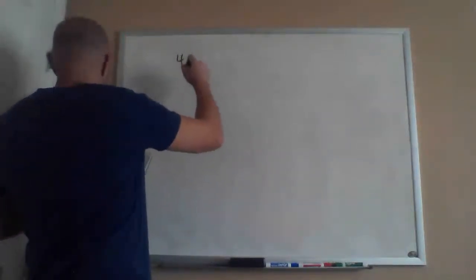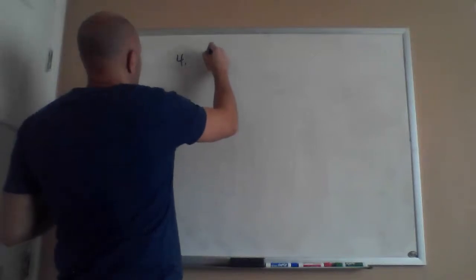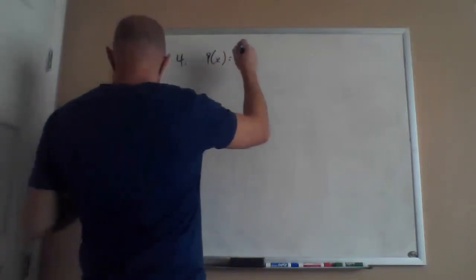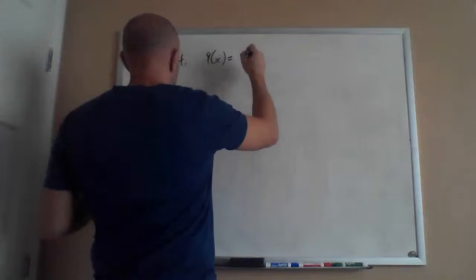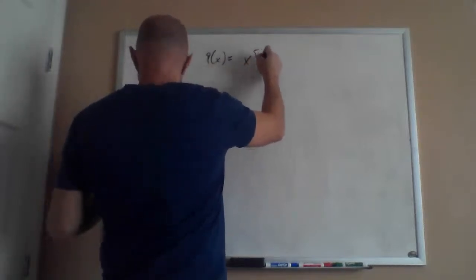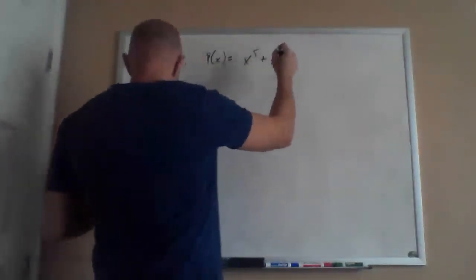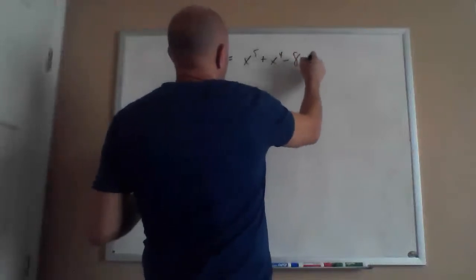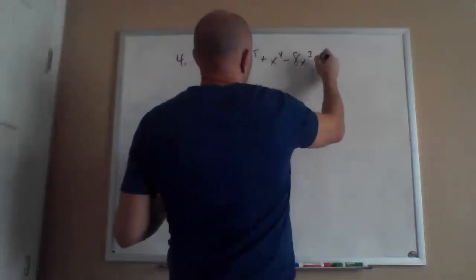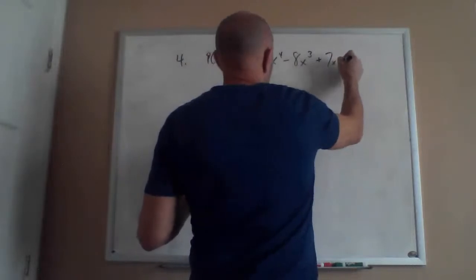All right, so number 4. I'll have you guys do this one. So you have P of x is x to the 5th plus x to the 4th minus 8x to the 3rd plus 7x plus 7.